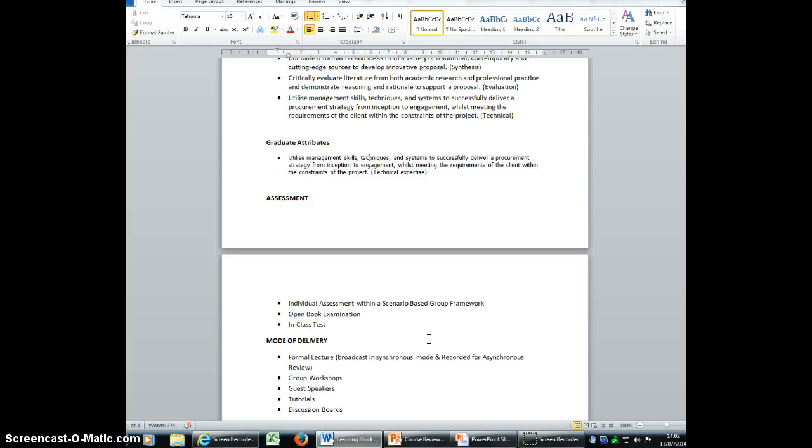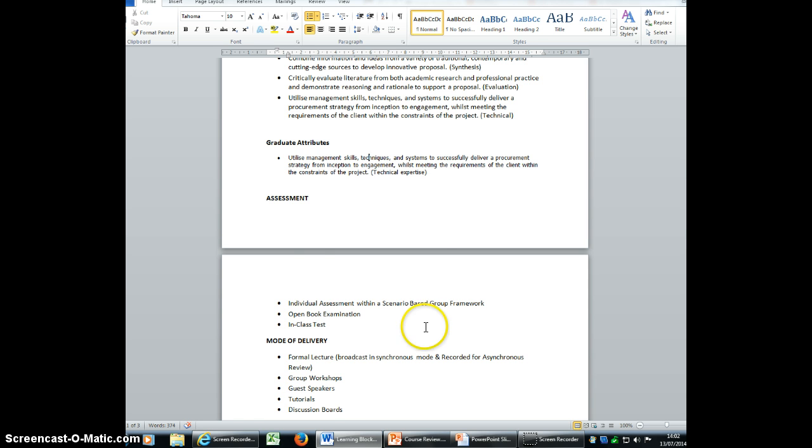I think open book examination, because we're not looking at memory tests, we're looking at the development of the person based on technical competence, and I've got in-class tests as well. These are not the only mechanisms of assessing, they're ones I can think of at the moment. We may want to expand this, and if anyone's got any other ideas, could you put them in?